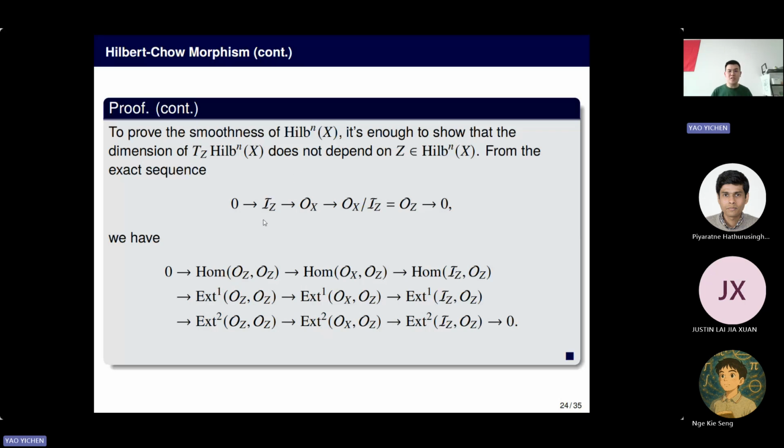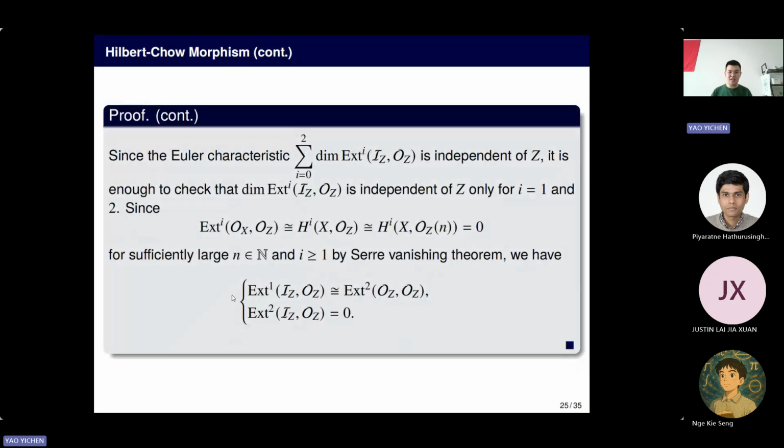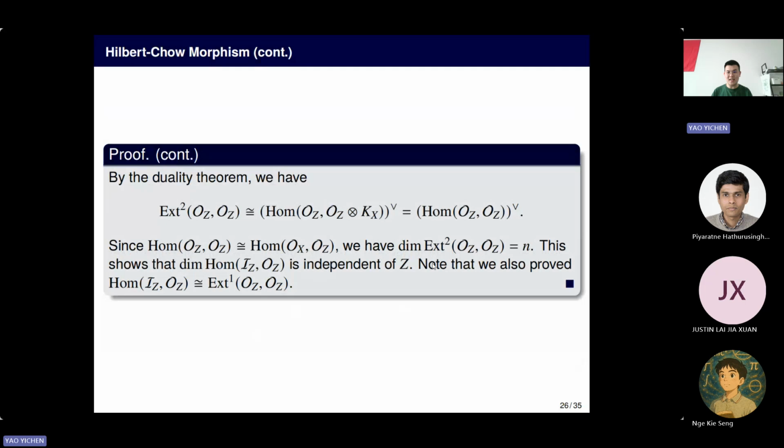And we know that the category of sheaves is also an abelian category like groups and rings. So the short exact sequence and the long exact sequence are just the same as we learned in algebraic topology. And later we use some duality theorem that I haven't come to in this part, and we conclude that many terms are zero in this long exact sequence. And then we finally can conclude that the dimension is equal to 2n.